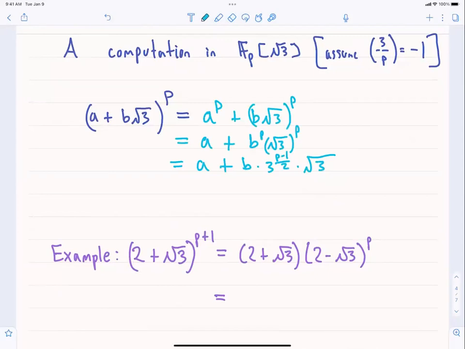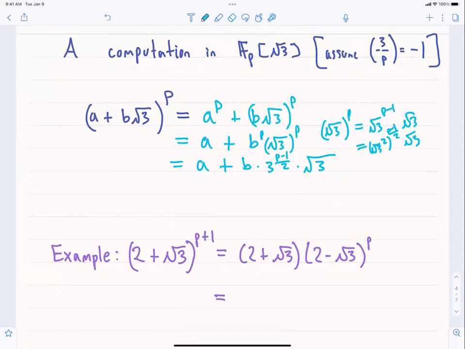Okay, so that's just because square root of 3 to the p is square root of 3 to the p minus 1 times square root of 3, which is square root of 3 squared to the p minus 1 over 2 times square root of 3. So square root of 3 squared is just 3.